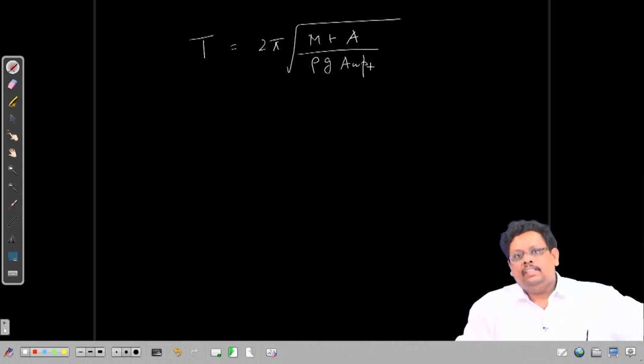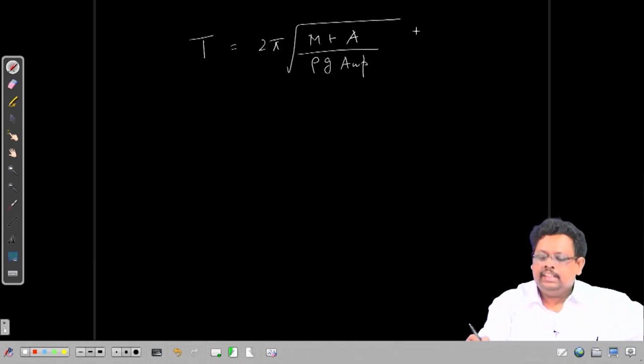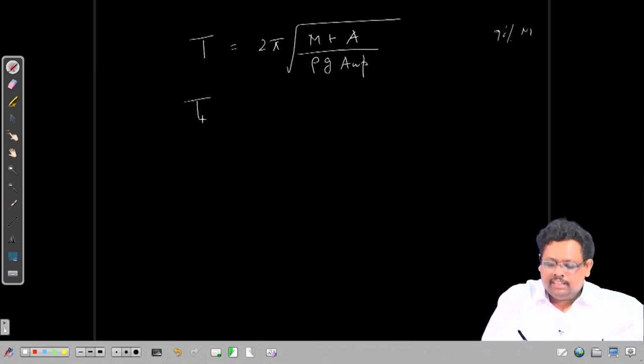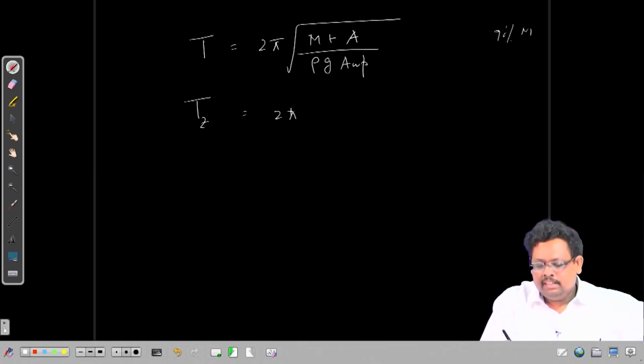Now, let us assume that A is some 90% of the mass. Then I can redefine this and call T z the time period in heave, which is 2 pi square root of 1.9 into m divided by rho g into AWP.